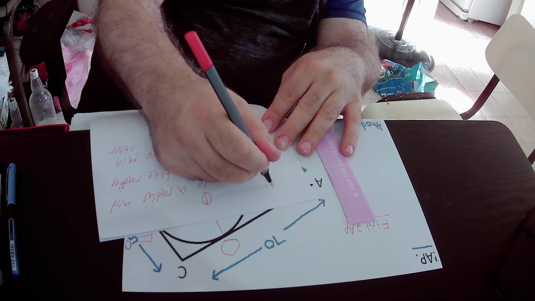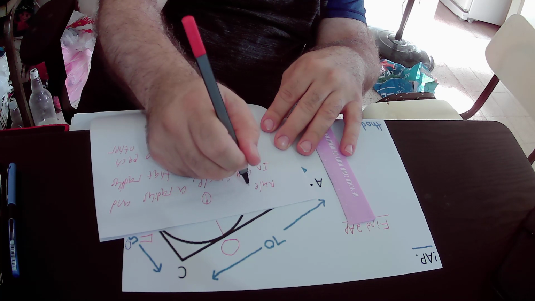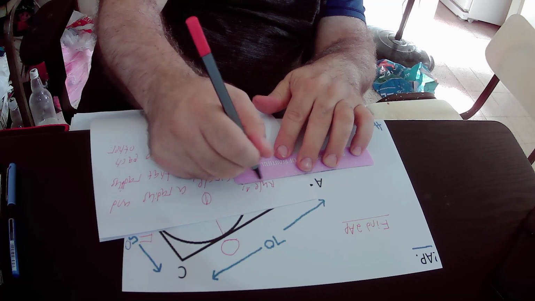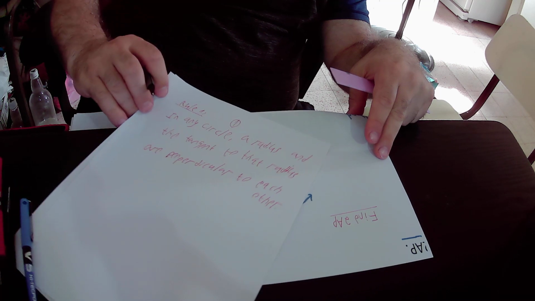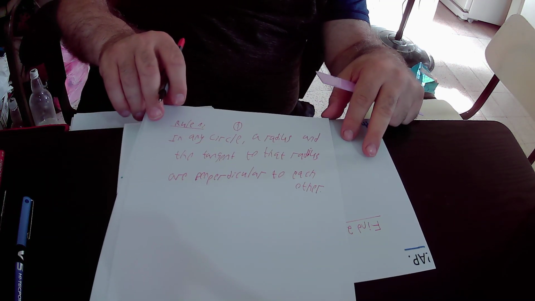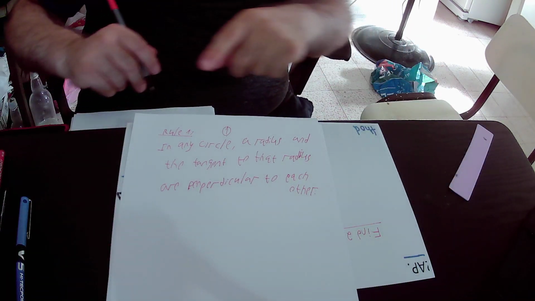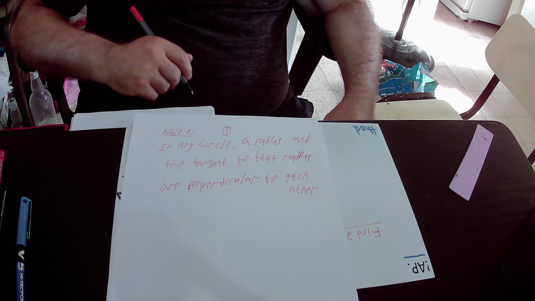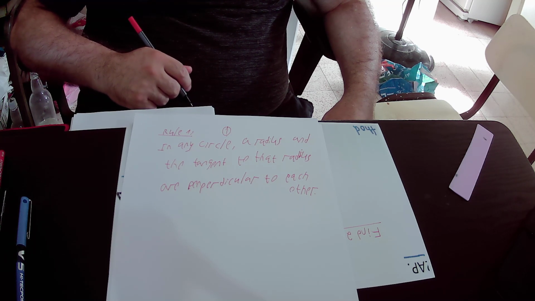So this is rule number 1. I will read it again. In any circle, a radius and the tangent to that radius are perpendicular to each other.